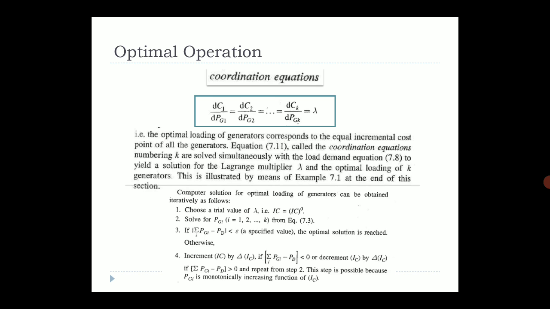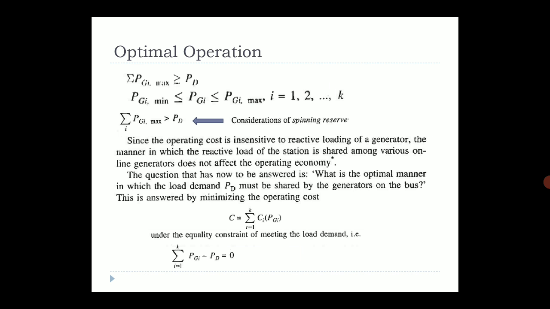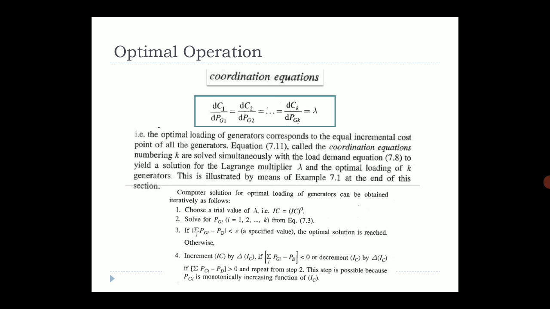Now, what is the load demand equation? The load demand equation is the summation of PGi minus PD equal to 0, to yield a solution of the Lagrange multiplier lambda at optimal loading of K generators. So we'll be talking about this illustration in this class.